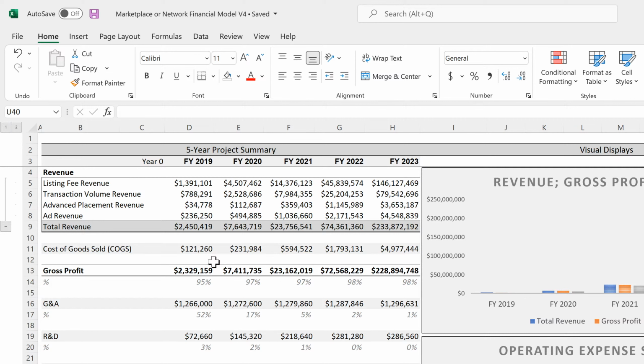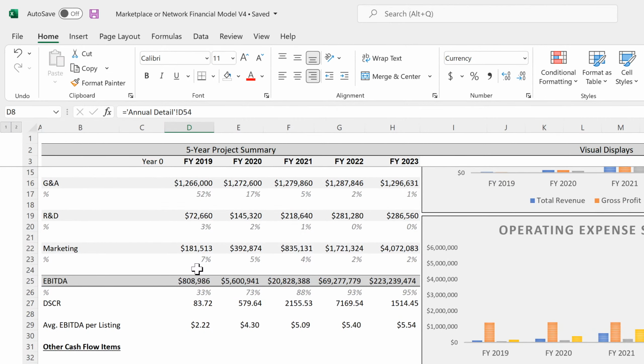Let's think about it. So, here we did listing fee revenue, transaction volume revenue, advanced placement revenue, and ad revenue. So let's add startup cost. Well, and we can keep startup costs. So this will give a little bit different view. So now startup costs are going to be actually down here.